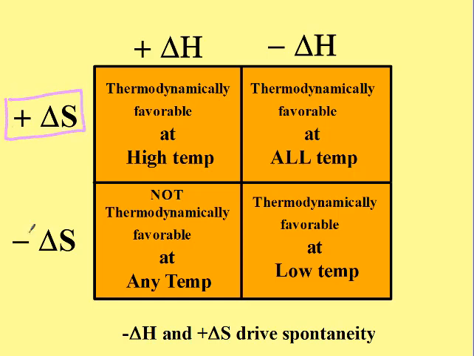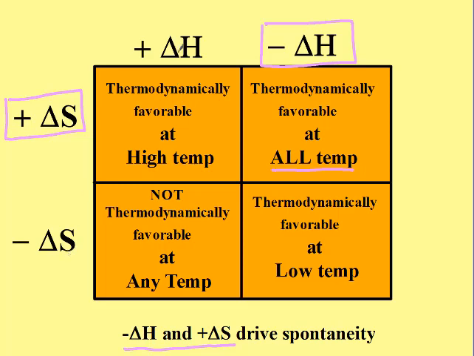And then if the reaction is going to go on its own without having to do anything to the reaction, exothermic is going to be favored. So exothermic and more disorder drive spontaneity or drive thermodynamically favored processes. Therefore, if both things, delta S and delta H, are both for spontaneity, then it's going to be favorable at all temperatures.